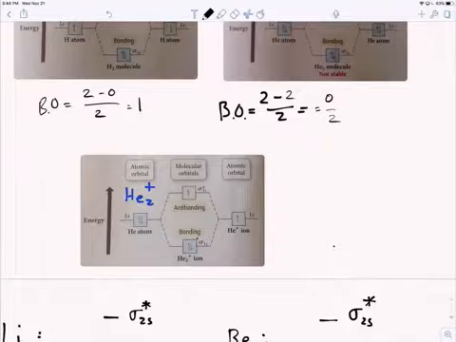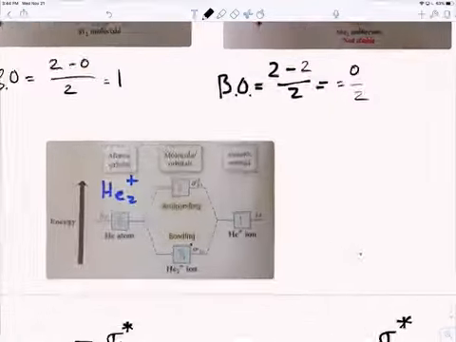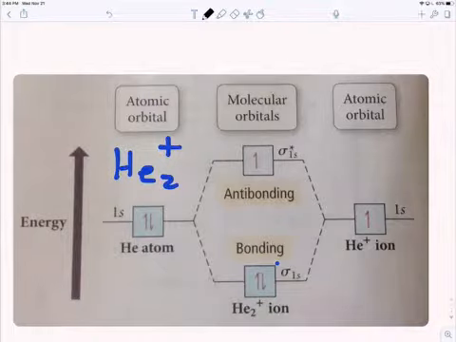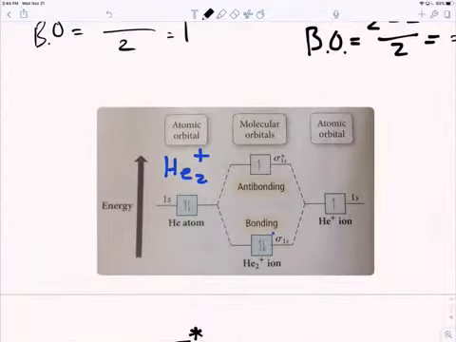But let's say you have a certain case where it's really hot, like the sun. Imagine you see some helium ion, so He plus. Could this ion then react with another helium atom? Let's look at that.